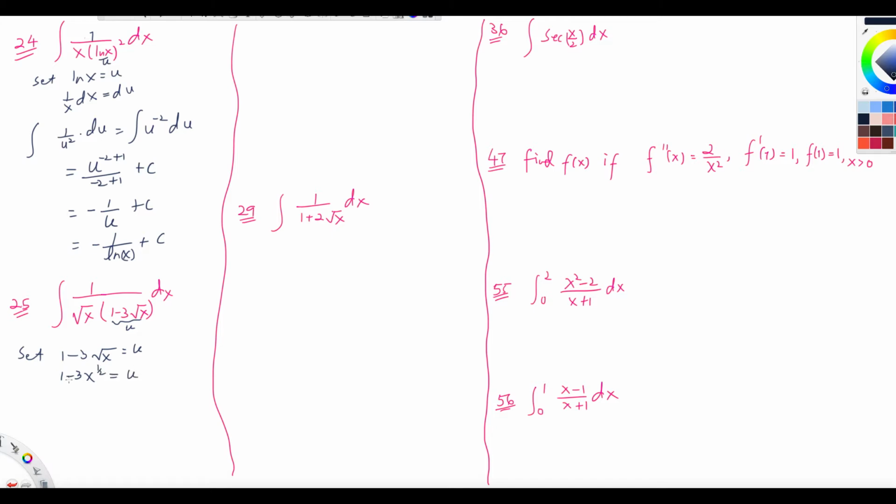Now find the derivative. The derivative of 1 is 0, and negative 3 times the derivative of x to the 1/2, which is 1/2 x to the 1/2 minus 1. That is the derivative, right? And then dx will be du. It is like a differential, because you get du over dx, and I'm just writing it in differential form.